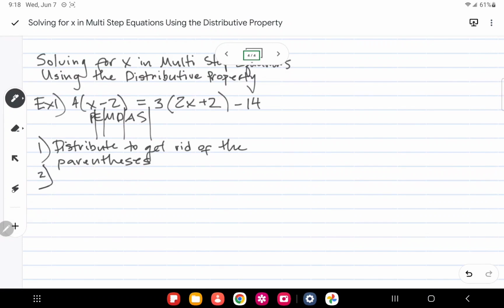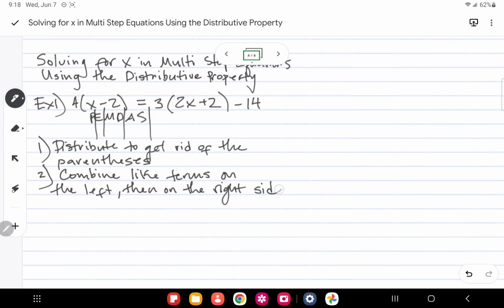Number 2, going back to the previous video, but I will just summarize it on here: combining like terms, on the left side, then on the right side.